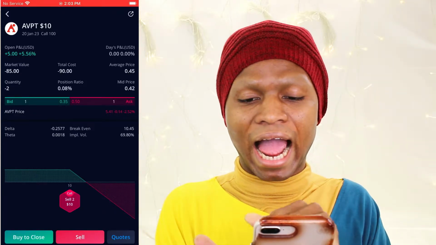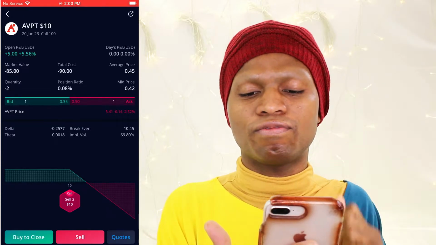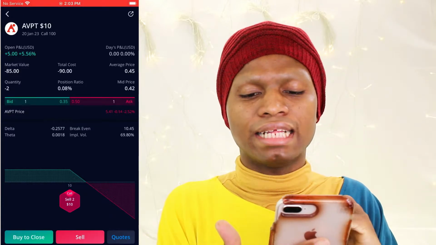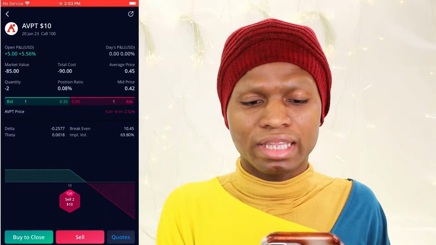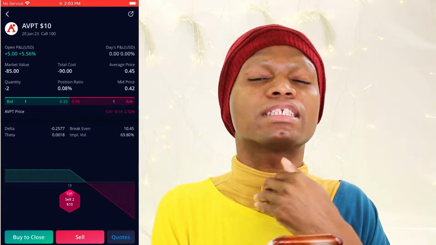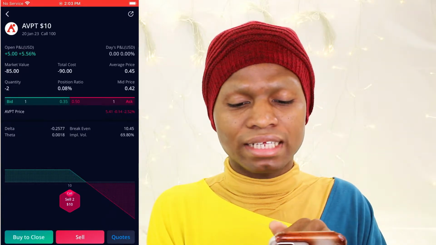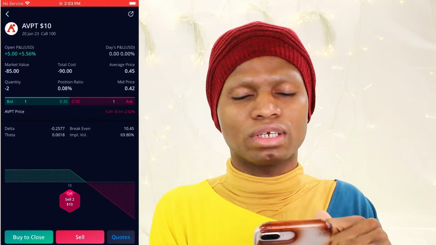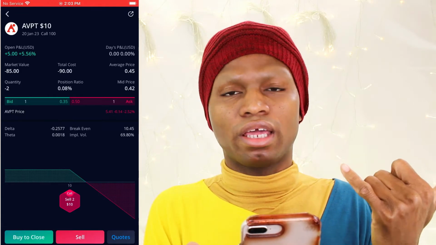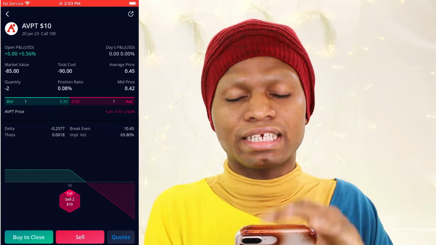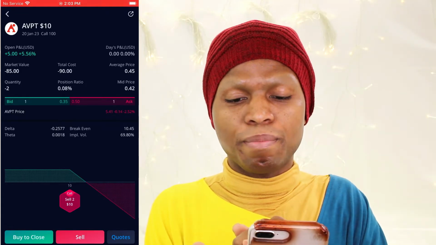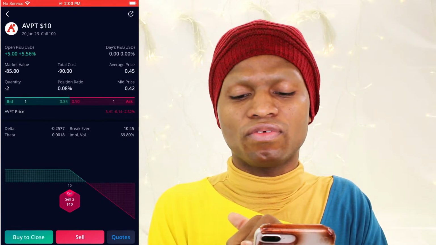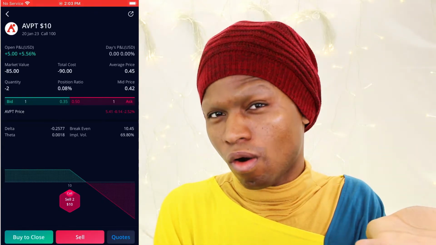So let me say I got this at the average price of 45, right? And the mid price is 42. That means I'm still in the good. Now for example, let me say the bid price was, let's say, $1, and remember I bought it at 0.45, that means I have to pay more.